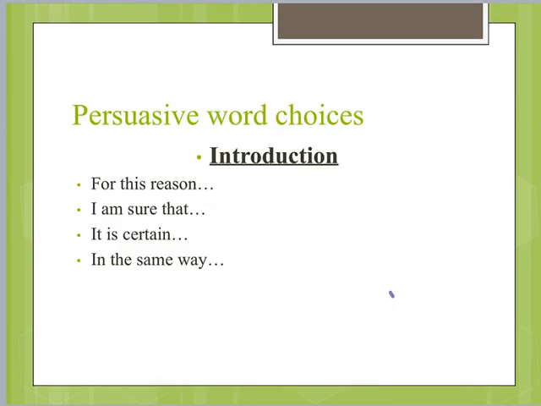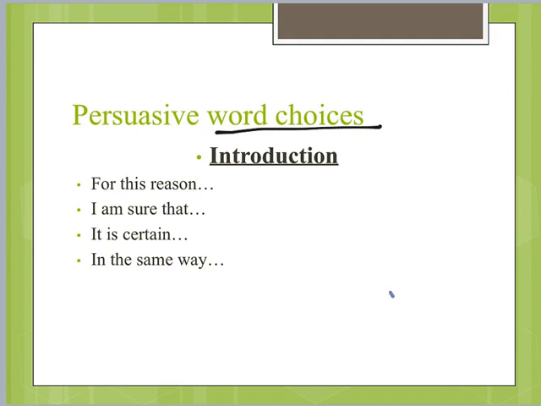Alright, here we have the persuasive word choice. What do I mean by persuasive word choices? In order to persuade someone, you have to be very specific and very picky when it comes to your word choices and phraseology and your phrases, I mean. So, in the introduction of the letter or the introduction of your poster or your leaflet.